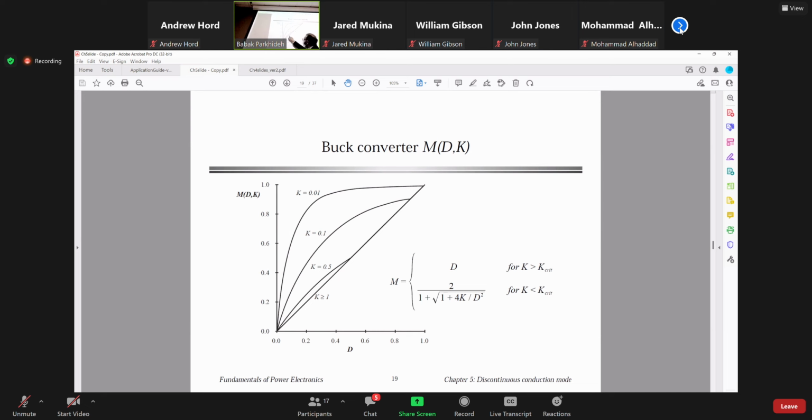If K is greater than 1, you're always in CCM, so it's a buck converter. But when K is less than 1, you have different characteristics.